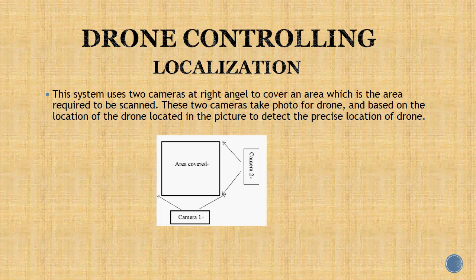I built a system which has two cameras. One camera detects the height and the location on the x-axis, and the other camera detects the height and location along the y-axis. Then we can get 3-dimensional location information.